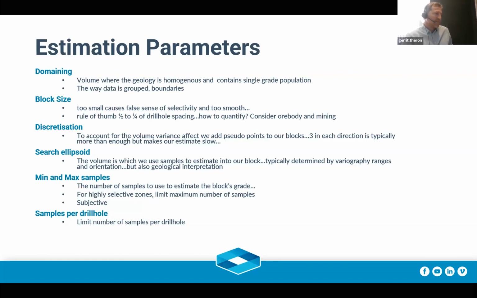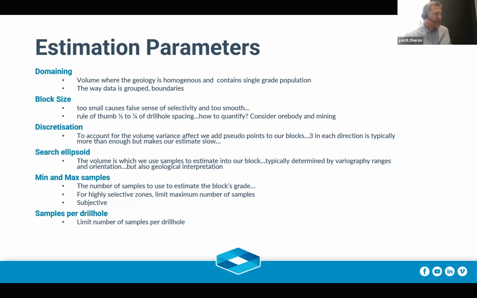I've done it lots of times because I think I'm going to get a better estimate, and that is not necessarily the case. In fact, you can introduce some bias if you use too few samples. They say for highly selective zones, limit the maximum number of samples, but again, it's a subjective number, and it will depend a lot of times on the experience of the person that does the resource estimate.